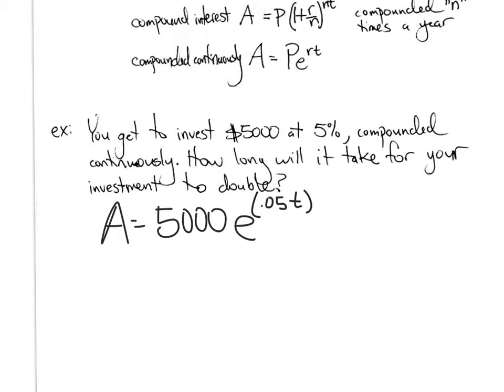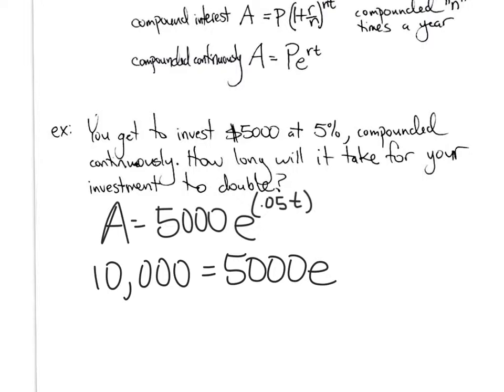This is an equation that would give the amount you have if you invest $5,000 after t years. And what we're looking for is how long it will take, so we are solving for t, for your investment to double, meaning the amount is now 10,000. So 10,000 equals 5,000 e to the 0.05t.